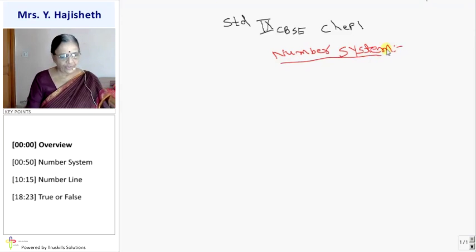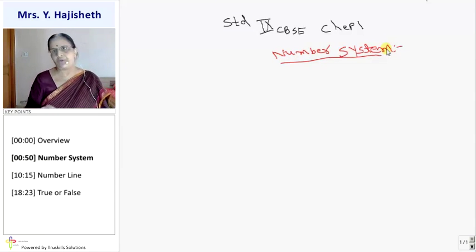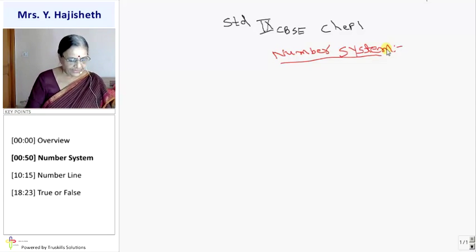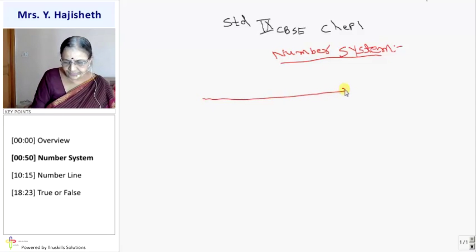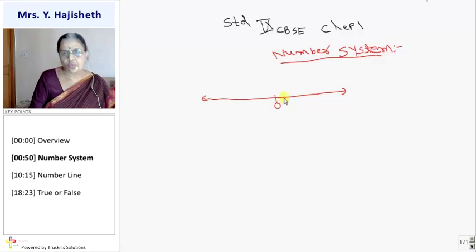In standard 8 you have learned about the number line and how to represent different types of number on it. Right? That you have learned. See, if you draw any number line, any arbitrary point I consider as O. If you go from O to right hand side, all are positive numbers.